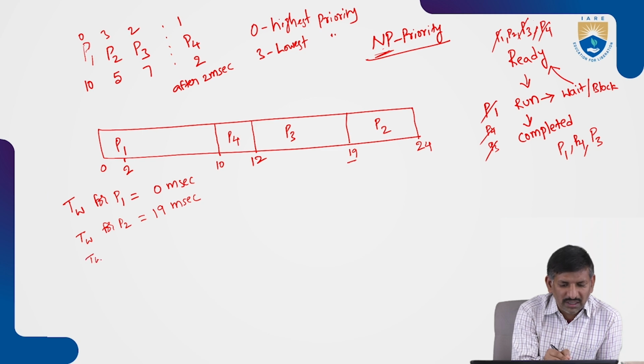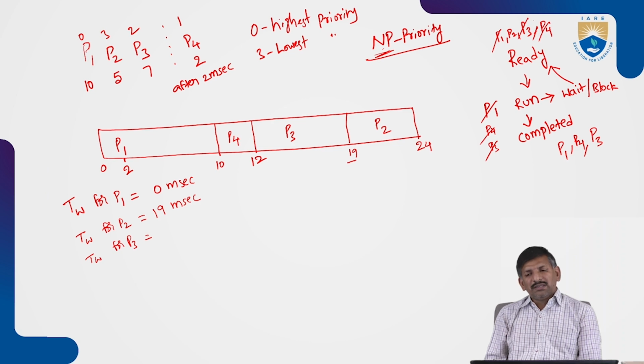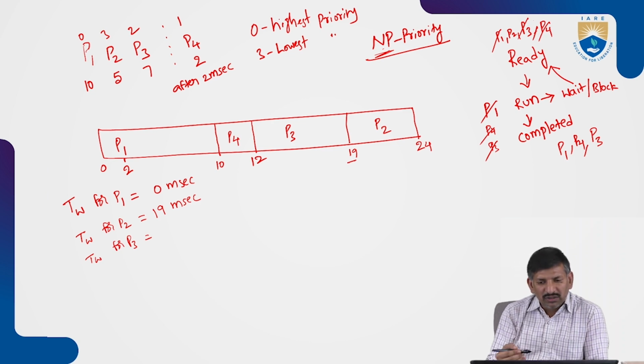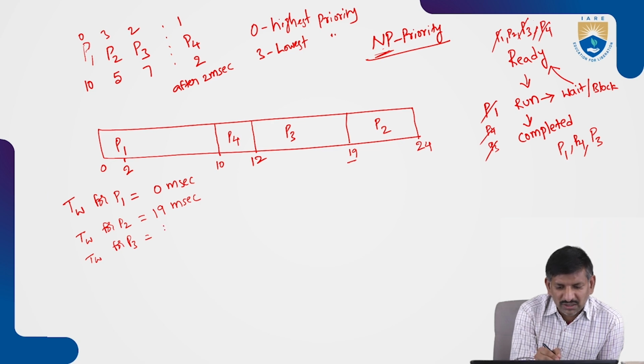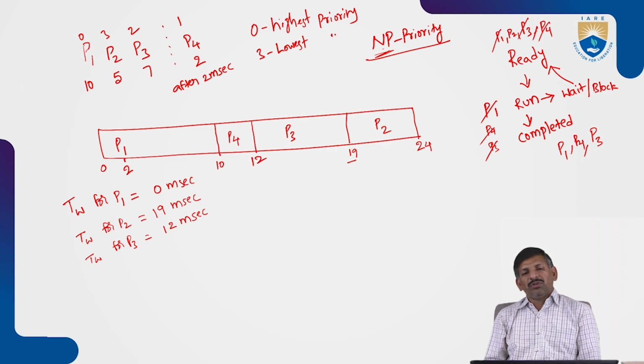Next, waiting time for process P3. P3 entered the ready state at the time of 0 and it is scheduled for execution at the 12th millisecond. So it is waiting 12 milliseconds in the ready state to get the CPU.